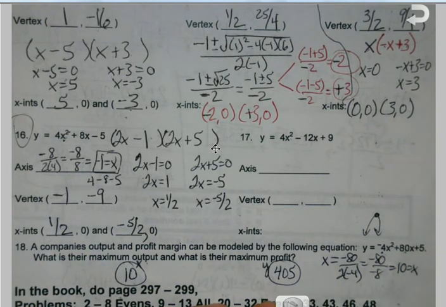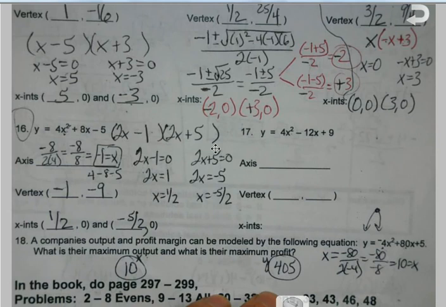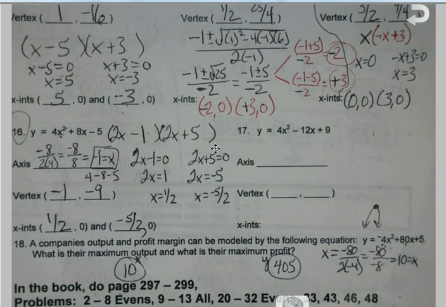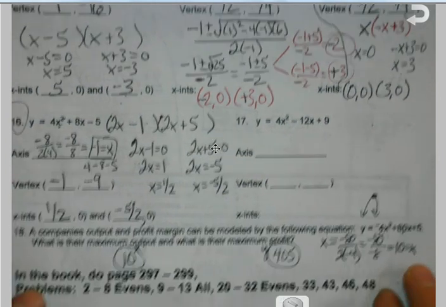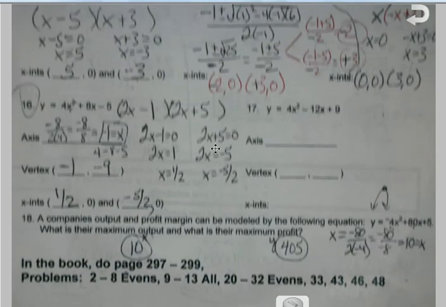My X value is 10. And then just plug that in. So I'd have negative 400 plus 800 would be 400 plus 5 is 405. So either way works. It just depends on how you want to go about it. And again, the more tools we got in the toolbox, the better.